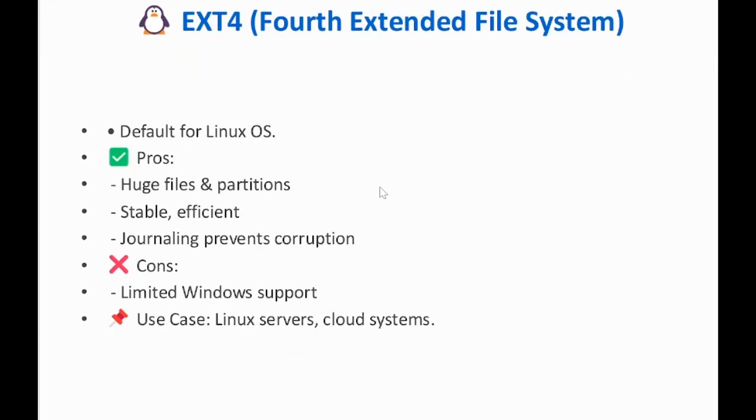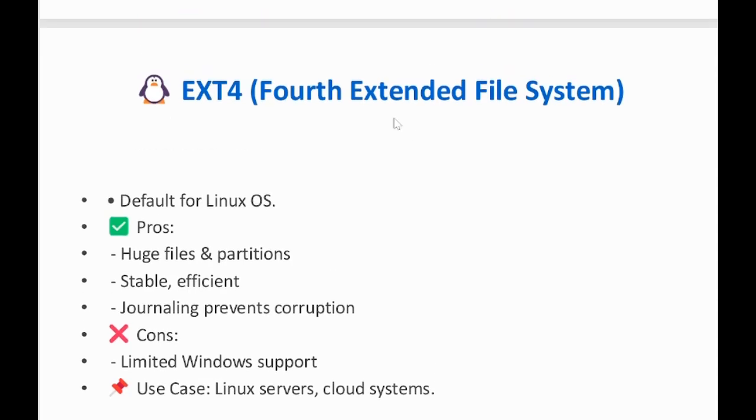Next is EXT4, the fourth extended file system. Short form, you can write EXT4. It's the default for Linux OS, meaning those who are using the Linux operating system have it present by default on their machine. Advantage is that it handles huge files and partitions and is stable and efficient.